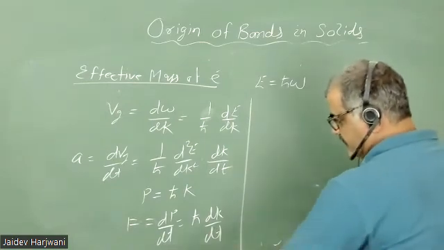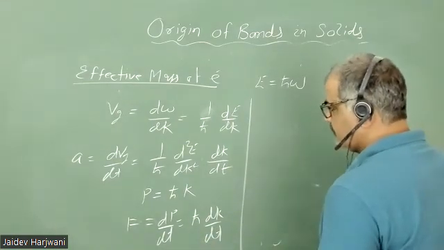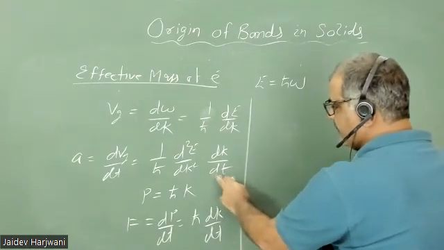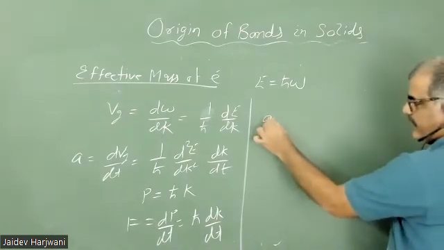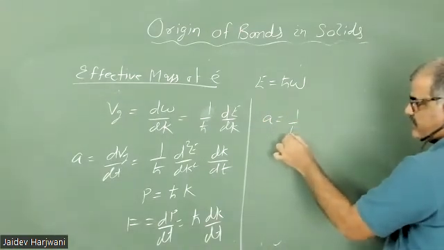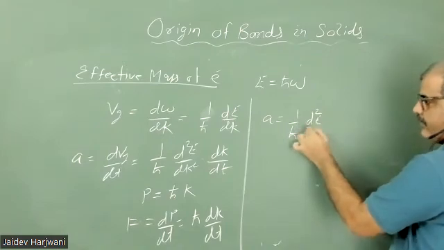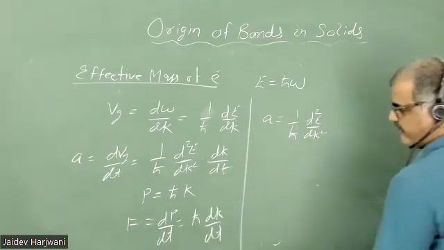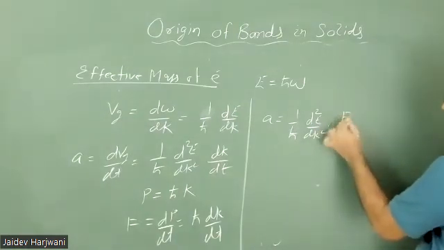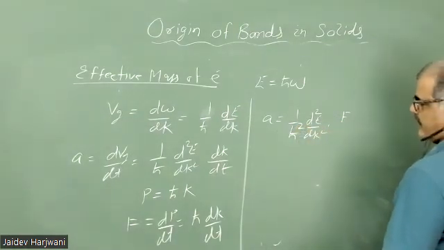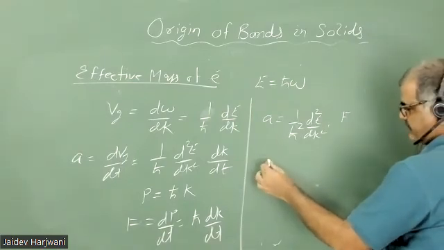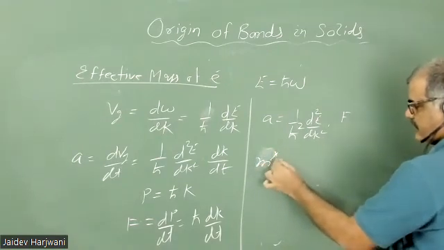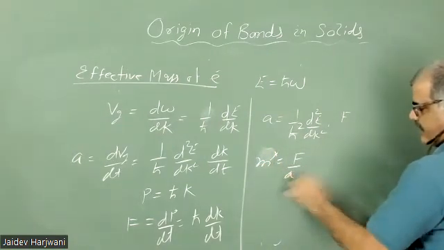Now I have the force expression, so I substitute the dk/dt value, and a equals (1/ħ) d²E/dk² times F/ħ, so this becomes ħ². And now if I want the mass, it is F by a.